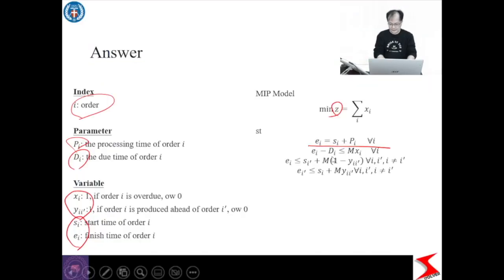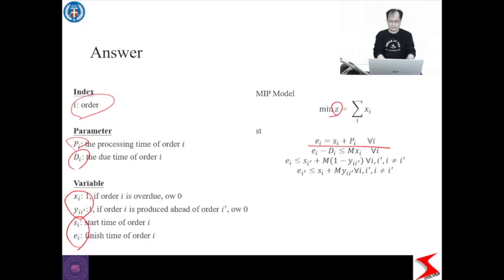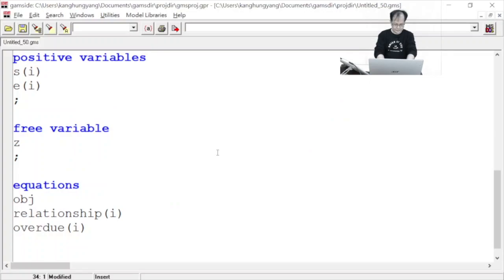And the second constraint is to determine the overdue of order I. So we have the EI, we say overdue for I. And the third constraint and fourth constraint are either-or constraints, to determine the sequence for the orders. So maybe we call it sequence I prime.